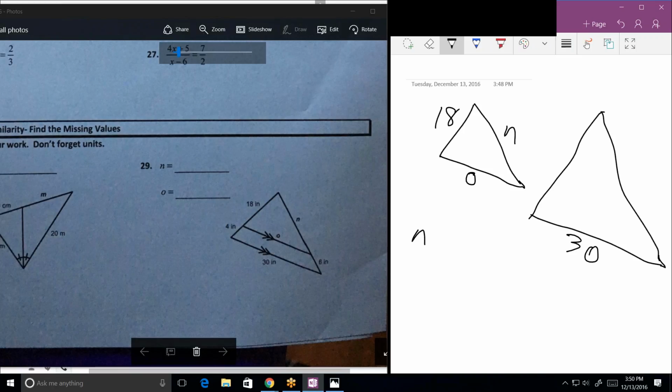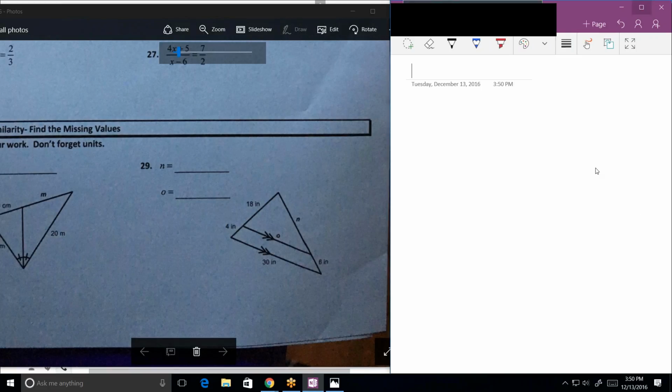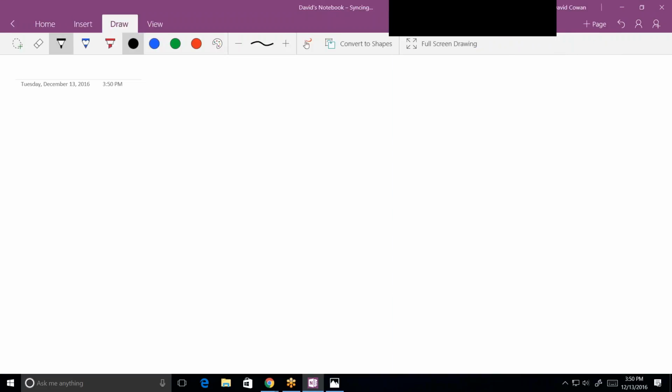In other words, remember with similar triangles, there's two things that happen. It might not be readily apparent at first, so let me remind you.